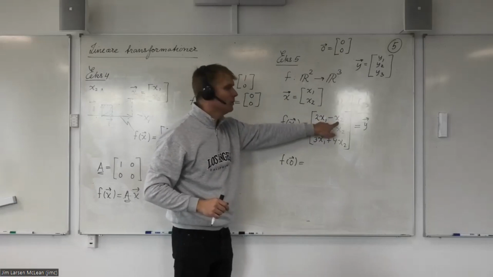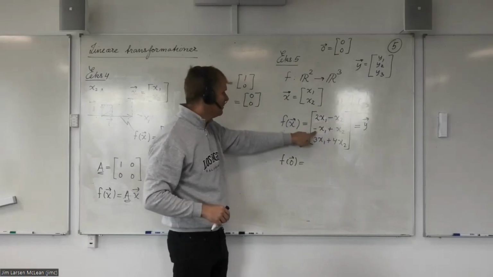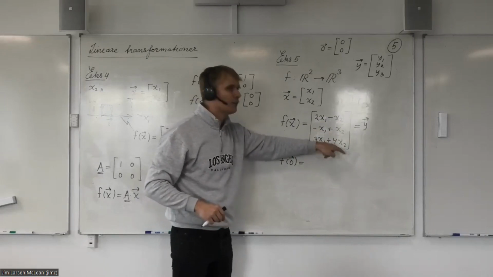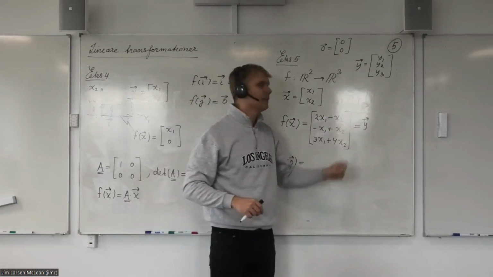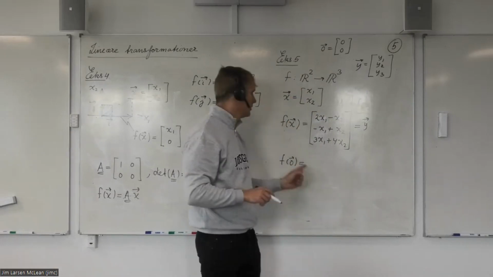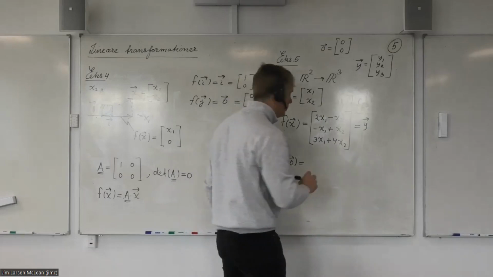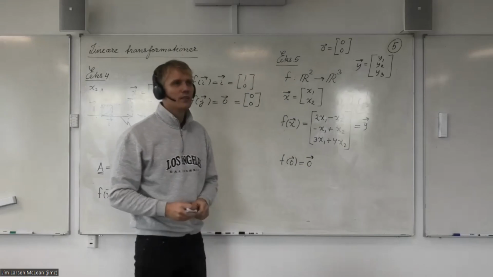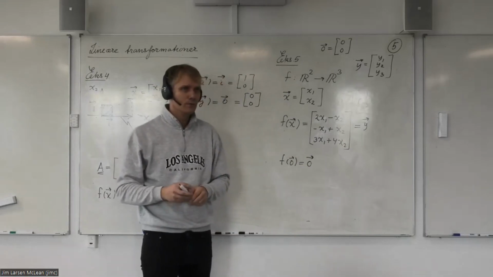What is 2 times 0 minus 0? 0. What is negative 0 plus 0? 0. What is 3 times 0 plus 4 times 0? 0. So the output vector becomes 0, 0, 0, a 3-dimensional 0 vector corresponding to the 2-dimensional input 0 vector. So the origin does not move, but we get an extra dimension.